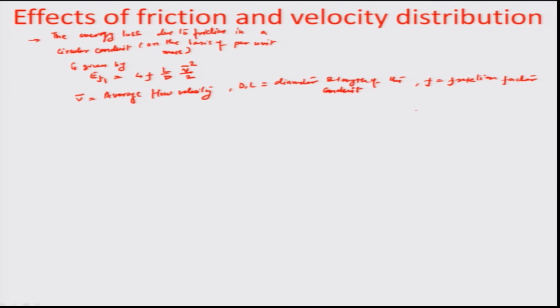So, the f depends on the nature of the conduit, particularly associated with the conduit roughness and also the type of flow, whether it is laminar or turbulent. So, while using the integrated energy balance equation between 1 and 2, the EF1 really should be added to the energy at the point 2.